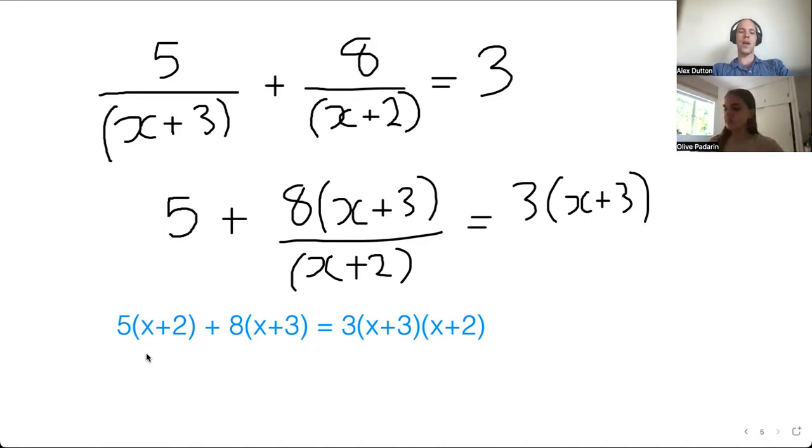And then you need to move everything over so that you have a quadratic equation. Okay. And for the right hand side, can I multiply the brackets by 3 first, and then multiply the brackets by each other? Well, when you say multiply the brackets, really the 3 would just be multiplied by one of them.